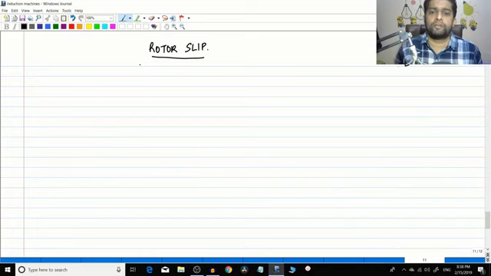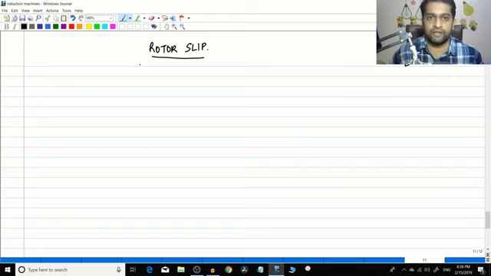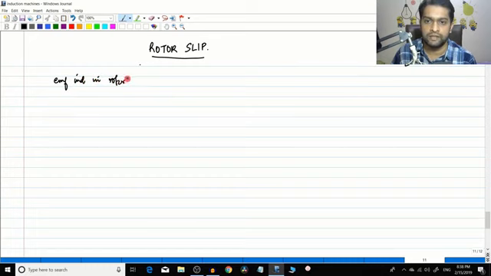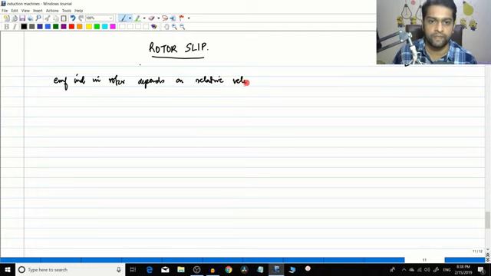Hello friends. In the previous video we saw how the induced torque is developed in the induction motor. It was a simple explanation, and we got two things out of it. First, the EMF induced in the rotor depends on the relative velocity of the rotor and the stator magnetic field.